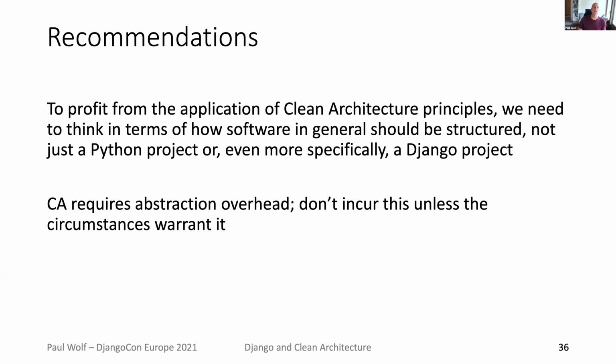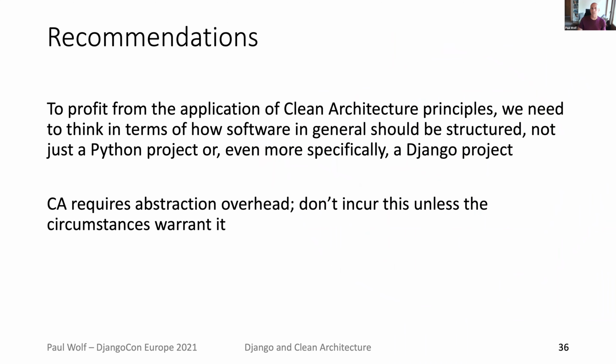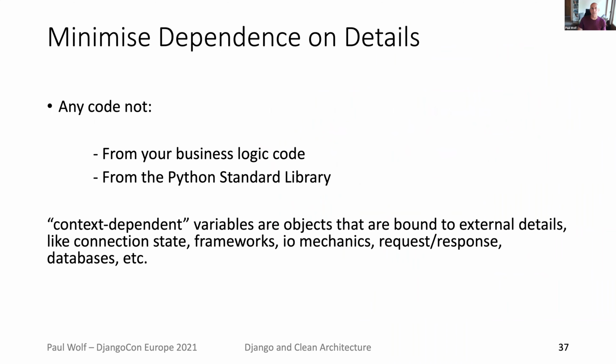First thing is obviously just to be aware of what those principles are, and to appreciate the fact that if you try to do things like this, you're going to incur overhead that you don't have if you use the standard Django use case where you're calling the ORM from views. So just remember there's going to be a cost to that. So do try to minimize dependence on details, however.